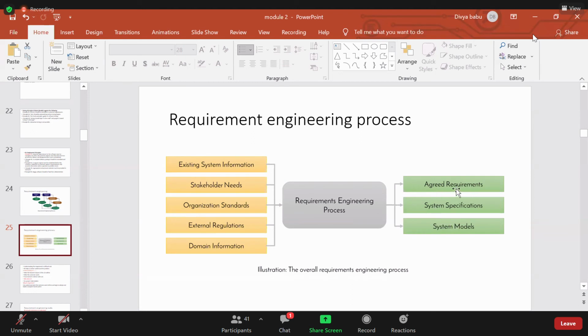These are the outputs. So the requirements which we collect from the customer, we combine with all other necessary information, like external regulations, domain information, organizational standards, and existing system information. We can create agreed requirements, system specification, and system model. These are the outputs of the requirement engineering process, and this is the input for analysis and design.